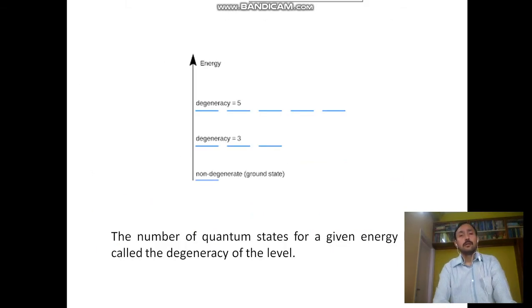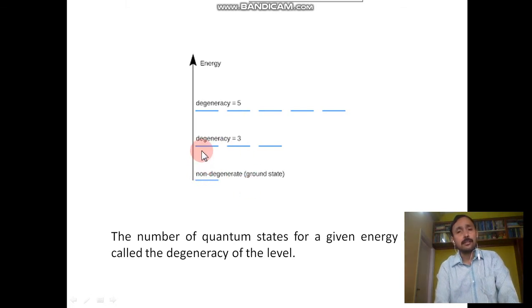Now, here we can see the different energy levels. This is the ground state, then the first excited state, second excited state. Suppose for this ground state there is only one energy value. This is a non-degenerate state.